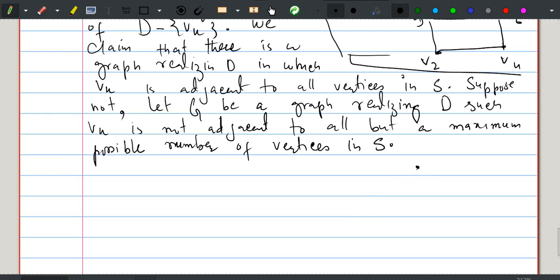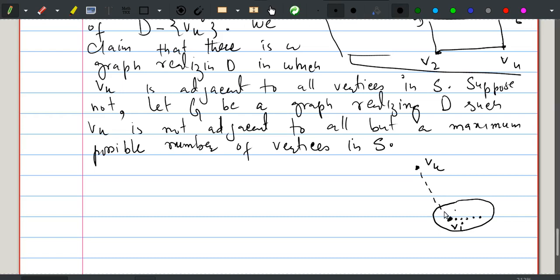So suppose this is Vk here, and this is the set of vertices in S. Vk is not adjacent to all the vertices here. So there must exist a vertex, let us name it Vi, to which Vk is not adjacent. Now by drawing this dotted line, I mean Vk is not adjacent to Vi.